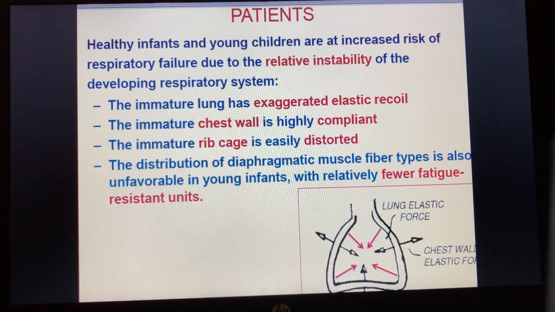And the ribs themselves being softer means that the rib cage is more easily distorted, and you get the possibility of sternal recession, for example. And furthermore, there's evidence that there are relatively fewer fatigue-resistant units, particularly in the diaphragms of young infants compared to older children and adults.